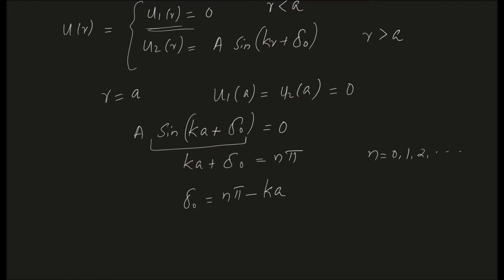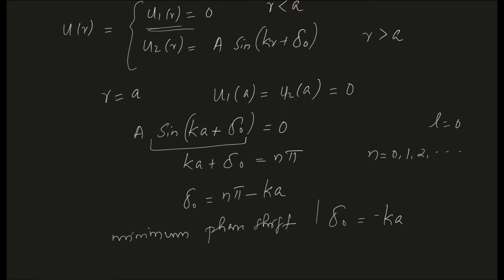The phase shift we have specifically written as δ0 because we are considering only the L equal to 0 case, S partial wave scattering alone. So the minimum phase shift, δ0 equal to −ka, because n equal to 0 is the minimum value that n can have.